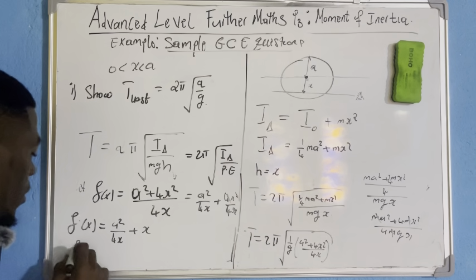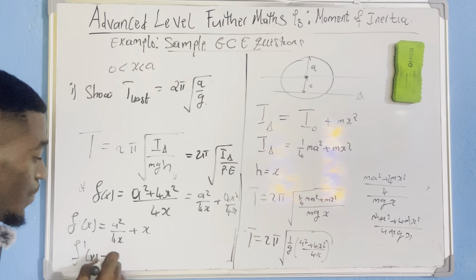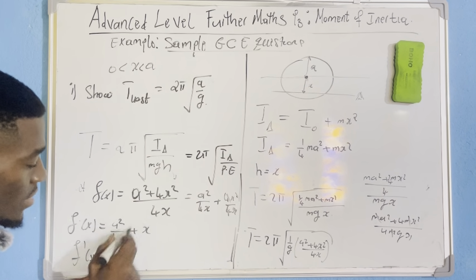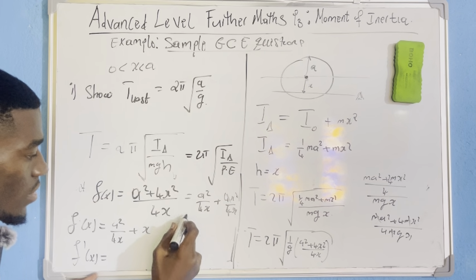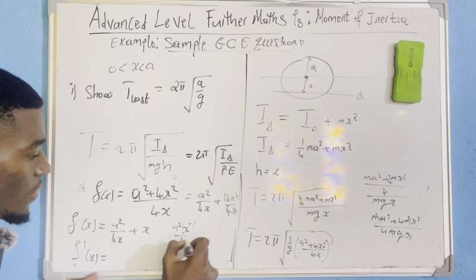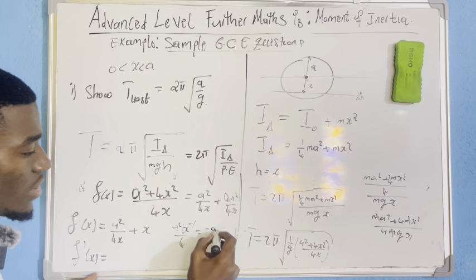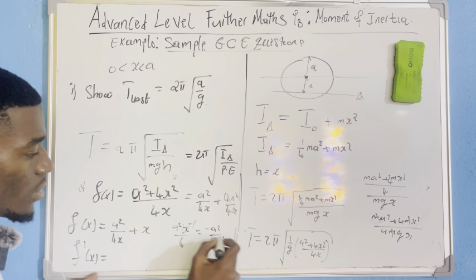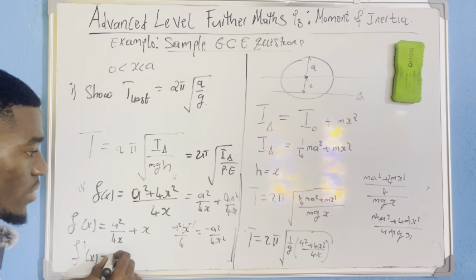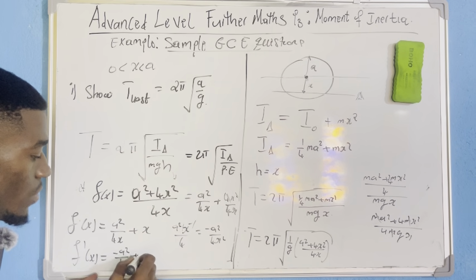The derivative of this will give me what? This is the same as a squared times x to the power negative 1 all over 4. It will be the same as negative a squared all over 4x squared. Yes, I will have negative a squared all over 4x squared, then plus 1, then I equate to 0.